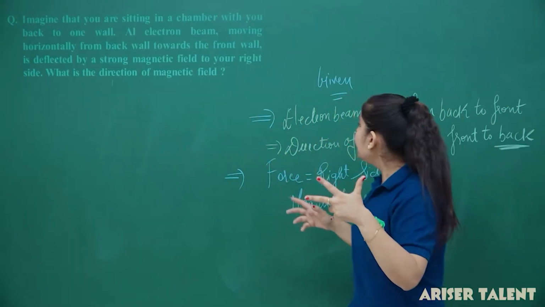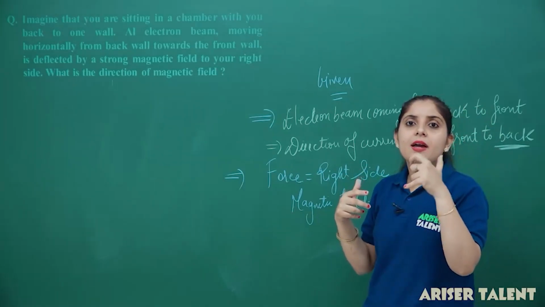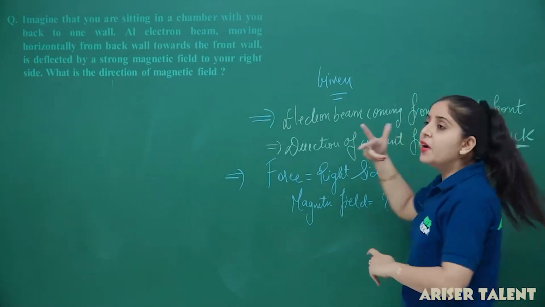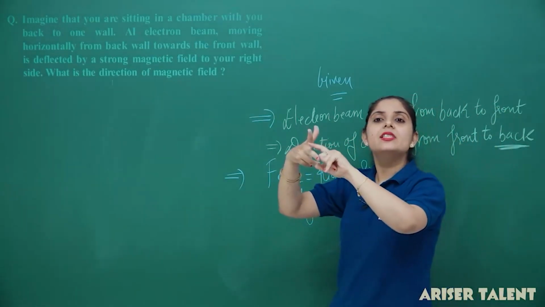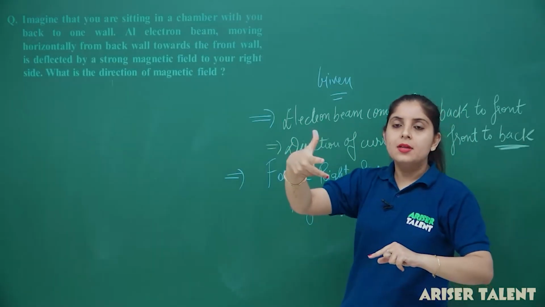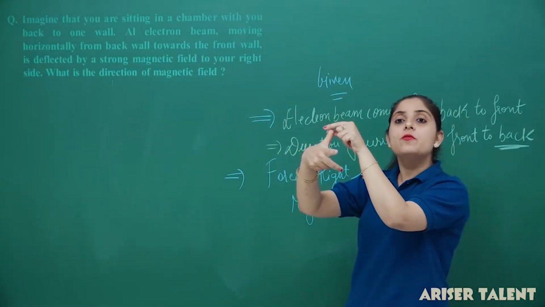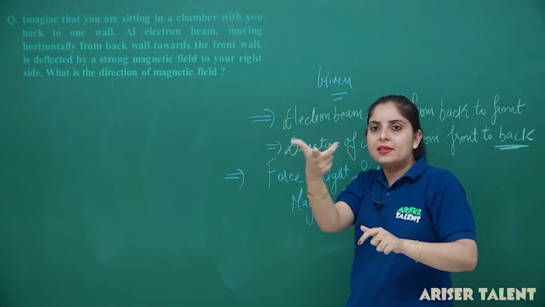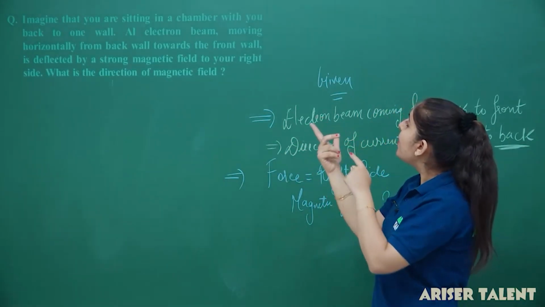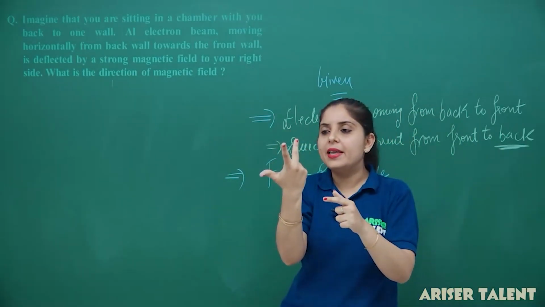Now the current will be from front to back. It means my middle finger is pointing from front to back. And the direction of the force will be like this.